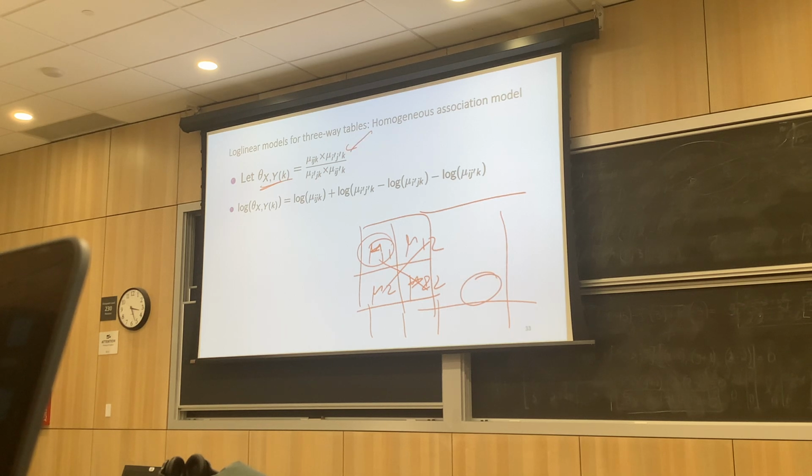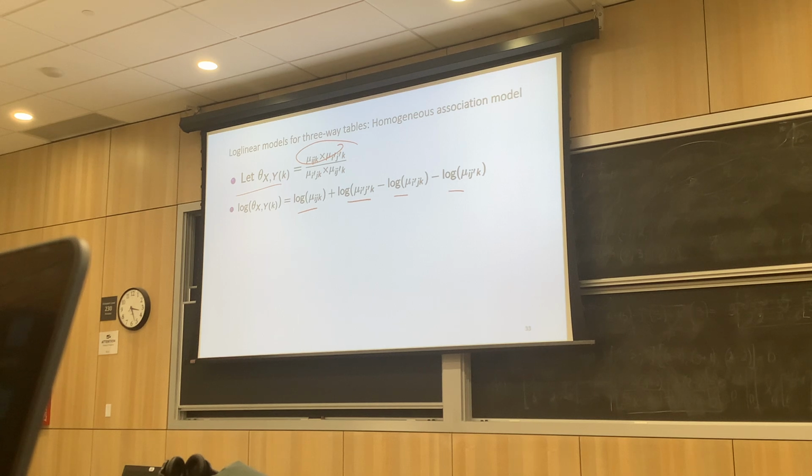So the idea of the odds ratios is that if you take log of this, you can write it like this: the log of these two minus log of these two, and each log mu ij can be written in terms of lambdas, and that turns out to be this for this model.